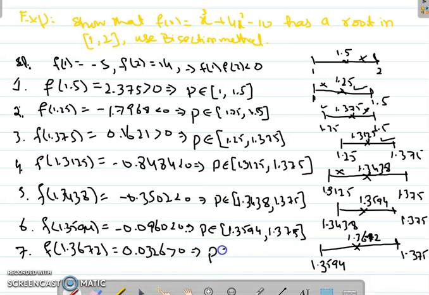It means that the root belongs to this. This is positive, this is also positive, so we will cancel this portion and the root belongs to 1.3594 and 1.3672.